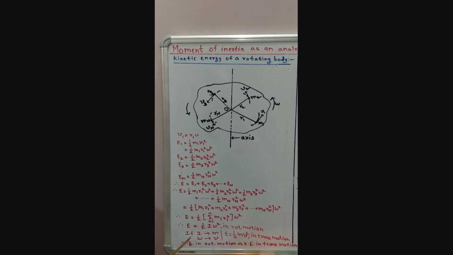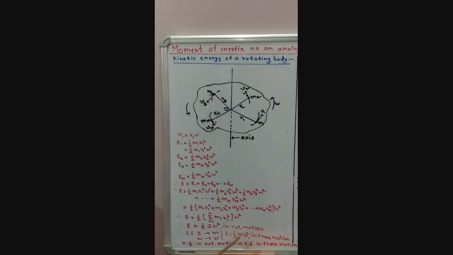Now, if I is equal to summation mi ri square, where i is equal to 1 to n, replaces mass m and angular speed omega replaces linear speed v, then the rotational kinetic energy equal to 1/2 I omega square is analogous to translational kinetic energy 1/2 m v square.